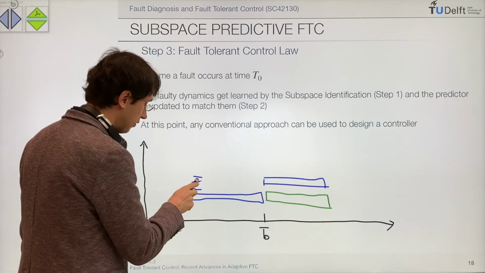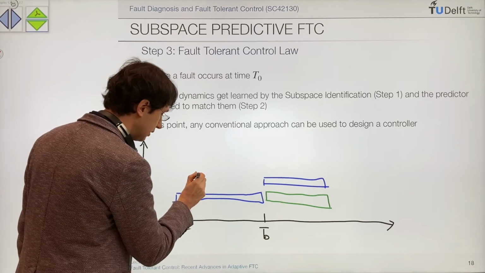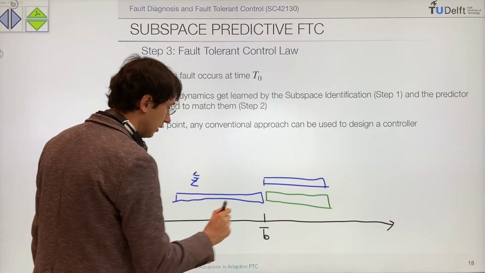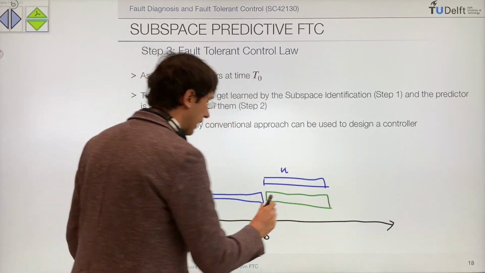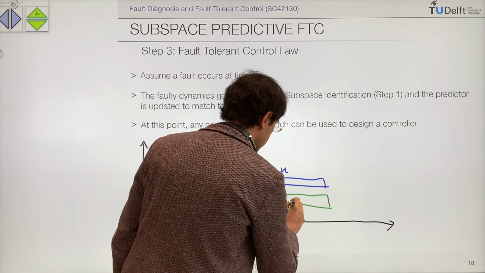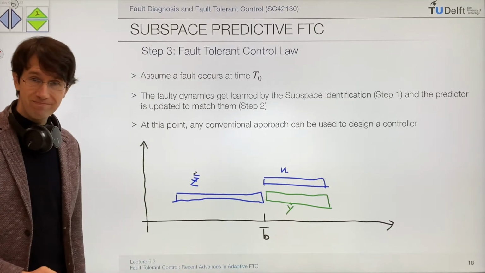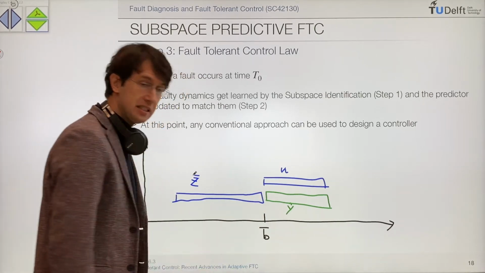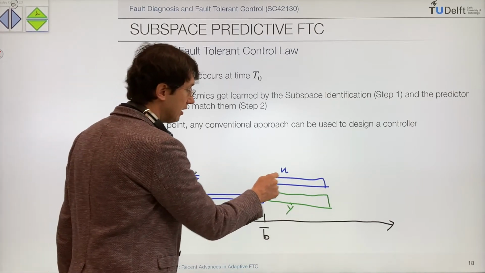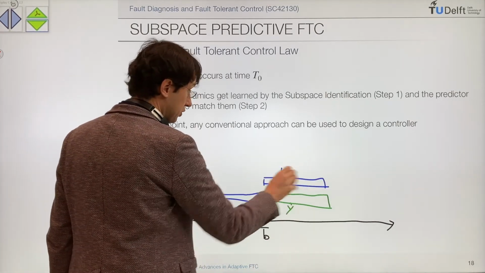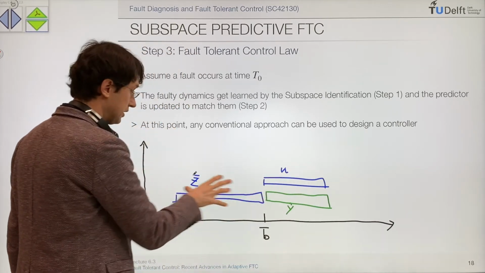So we have the Z over bar, the sequence of inputs we're going to apply in the future, and the sequence of outputs we are going to predict in the future. So when we are exactly at t0, we are using data in the past and control actions in the future of the fault, but they are computed based again on data in the past.